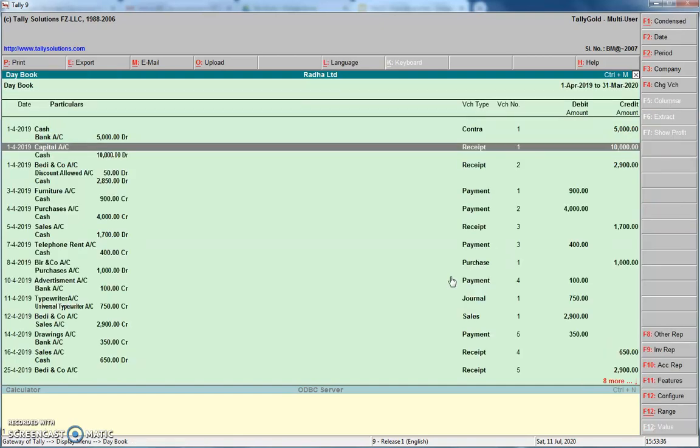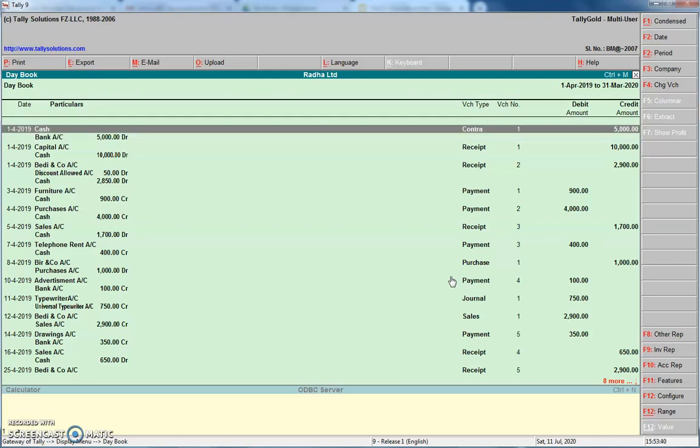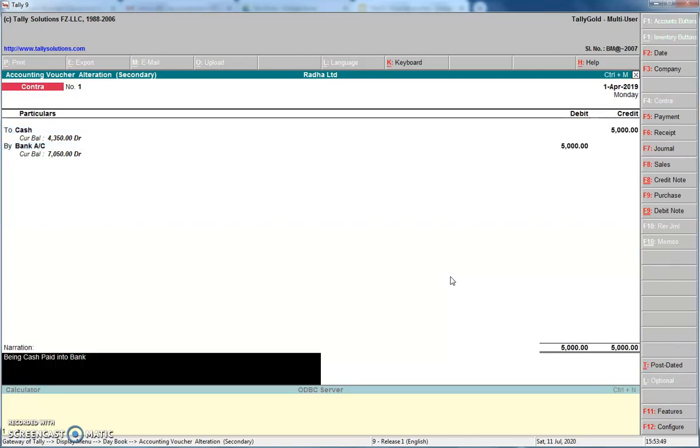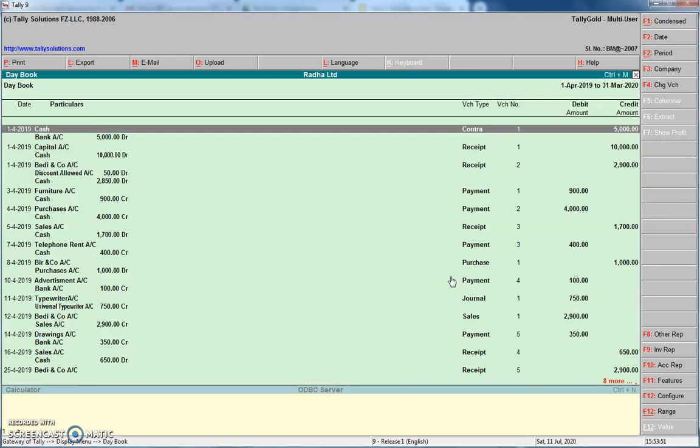Next transaction, paid into bank, contra voucher, 1st April. The entry is bank account debtor to cash. We have to enter the transaction and give the acceptance. Next, purchased goods from Mohan and Co for rupees 4,000 for cash.